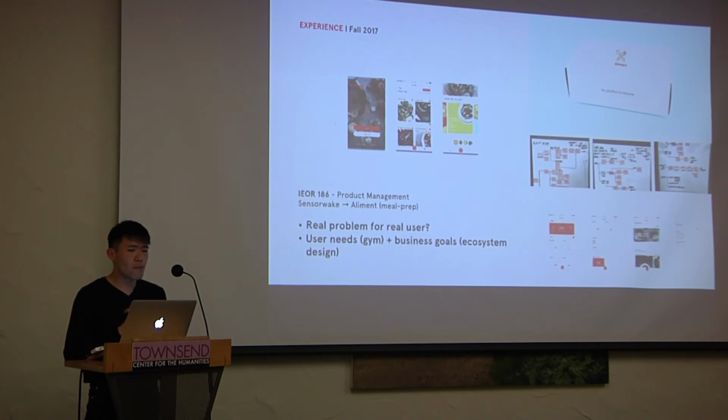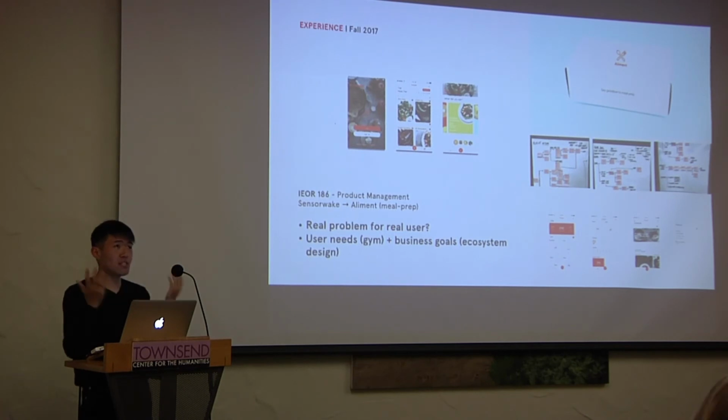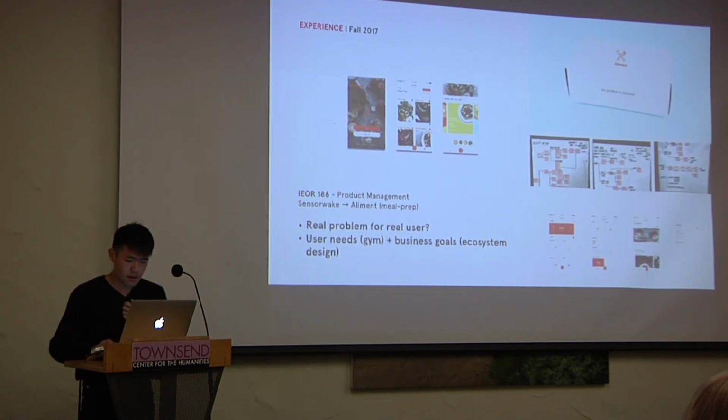Or how will the infrastructure for the food delivery look in the gym? Will there be an actual chamber? Will there be a person working the shift? How would that service design play out? So thinking about that whole ecosystem was something very interesting about this course that I never really thought about. It was really cool to be able to work in a very interdisciplinary team. So yeah, that was my takeaway.